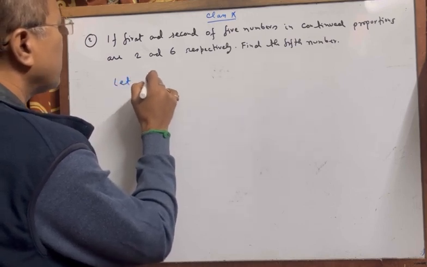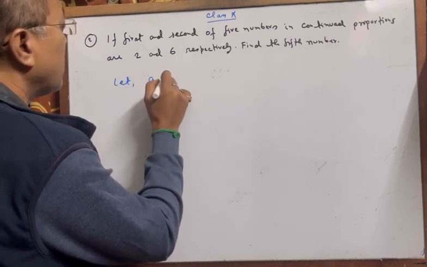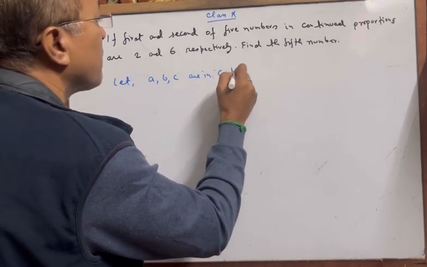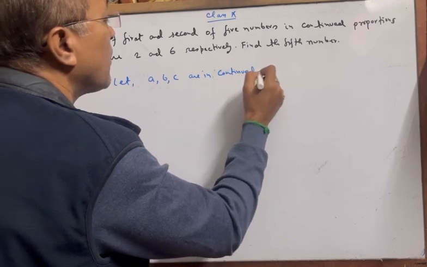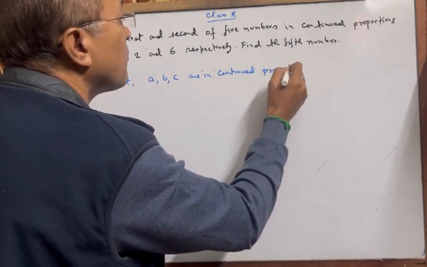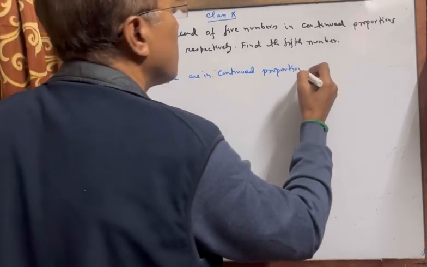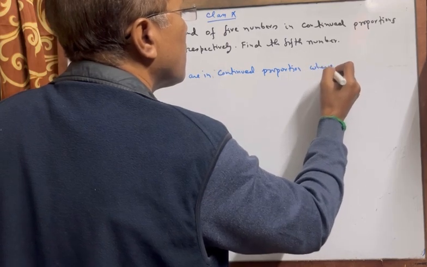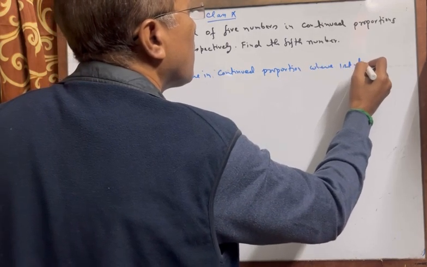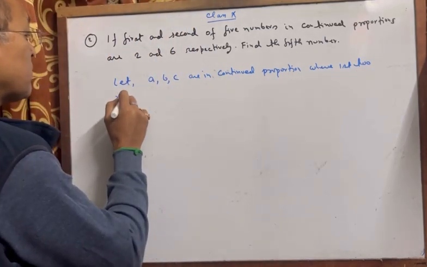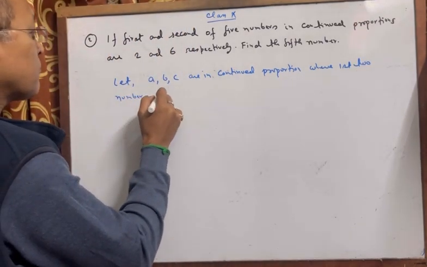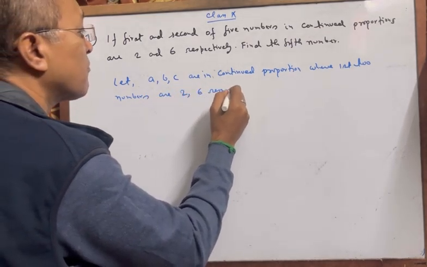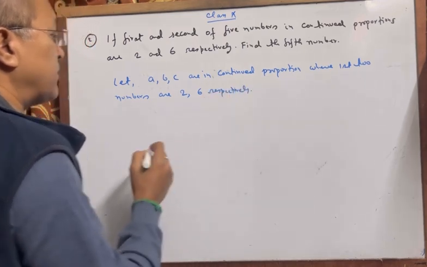Let A, B, C be in continued proportion, where the first 2 numbers are 2, 6 respectively.